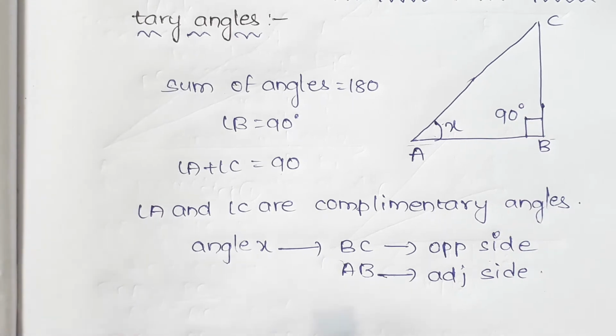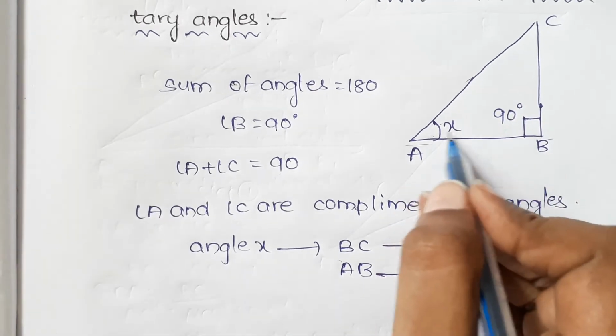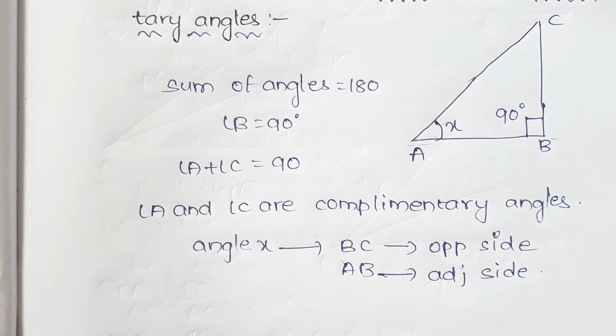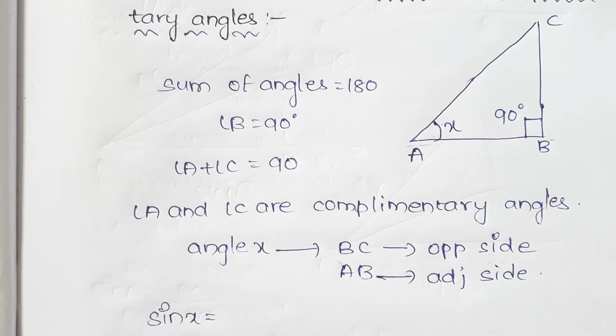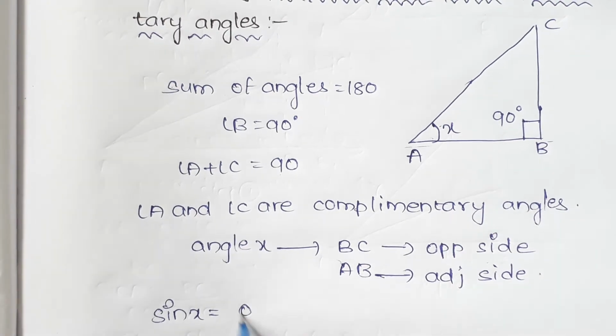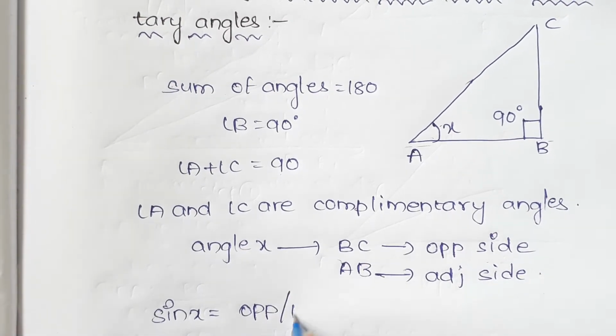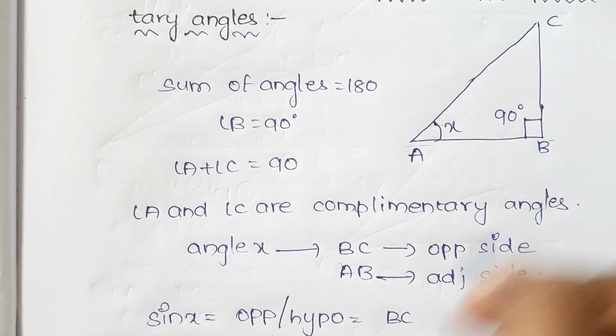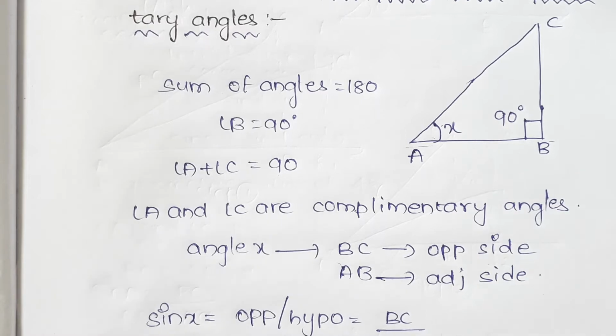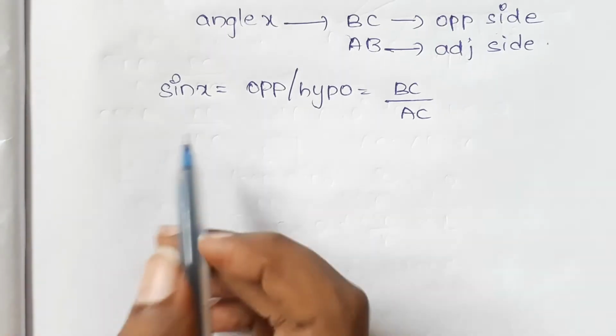That is, x is an angle and sin x is equal to opposite by hypotenuse, that is BC by AC. This is sin x.